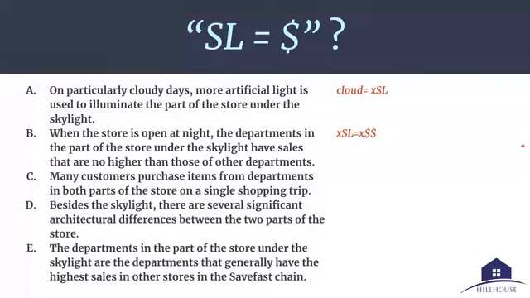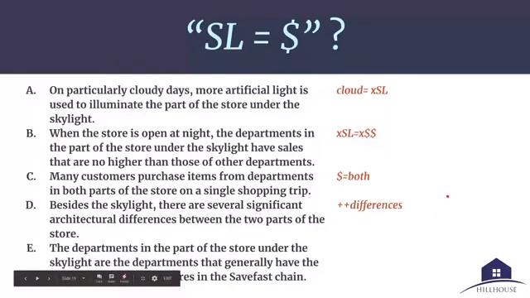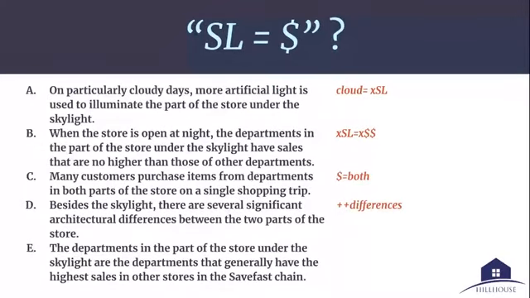Many customers purchase items from departments in both parts of the store on a single shopping trip. This just says money comes from both of them. D, skylight several differences. So this is saying that there are a lot of differences. It's not just the skylight, which actually sort of weakens this. So we can cross off D. And E, the departments in the part of the store under the skylight are the departments that generally have the highest sales in other parts of the store.